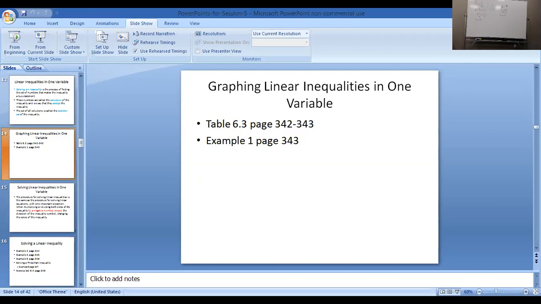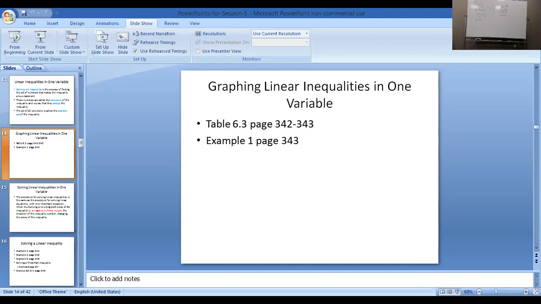If you want to graph that on a number line, you see right there in front of it, 0, 1, 2, 3, 4 going to plus infinity, and minus 1, minus 2, minus 3, minus 4 going to negative infinity. It says all the real numbers less than 3. So on the numerical value 3, I put an empty circle. Then I have a solid line that goes to negative infinity and just keeps going. I just put an arrow, a pointer.